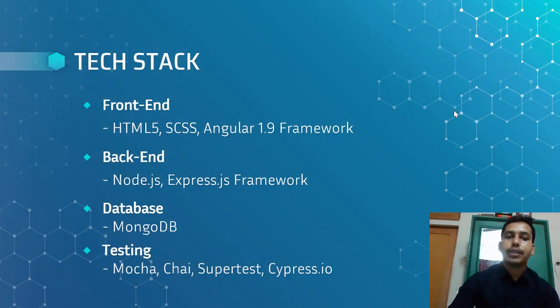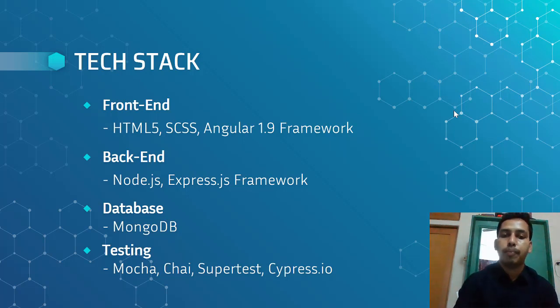Okay, and I will use different tech stacks for front end, back end, database, and testing. For the front end, I want to use HTML5 and a CSS preprocessor instead of normal CSS because I want to reduce development time. I will use the Angular 1.9 framework, and you can ask me why I am not choosing the latest Angular 9 or 11.